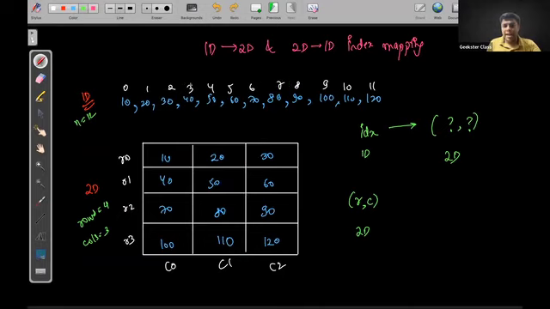अगर आपको 3 दे दिया जाए तो 3 से आप 40 कहाँ पर है 1, 0. How can you convert 3 to 1, 0? And similarly, if you are given 1, 0, how can you convert 1, 0 into 3? Depending on the number of rows and number of columns. So how can you convert row, comma, column into a 1D index? Is the problem clear?